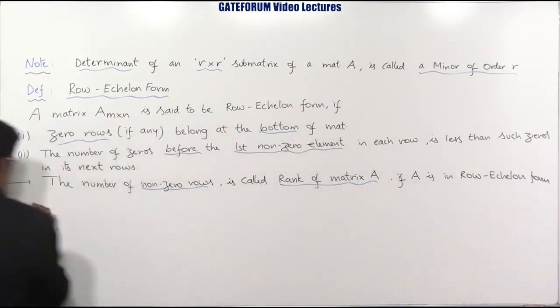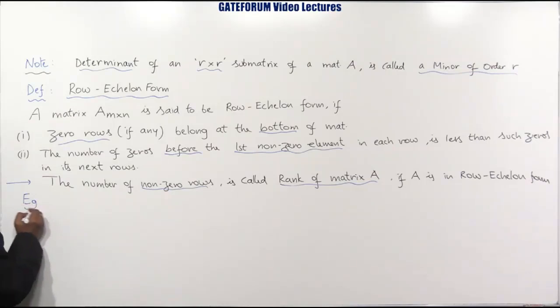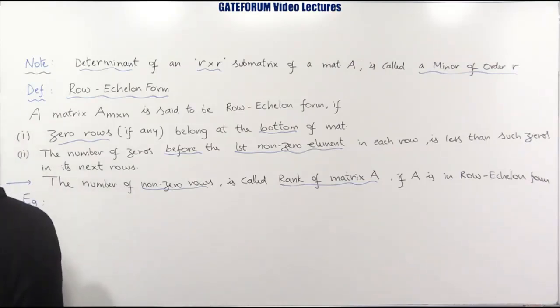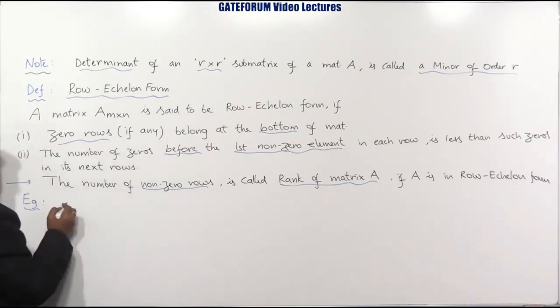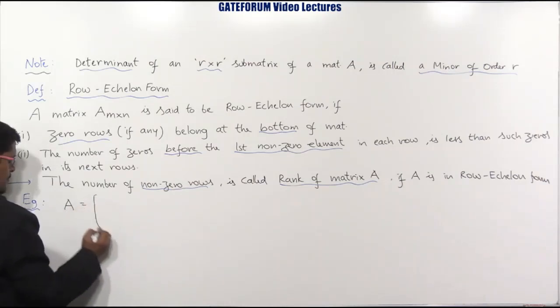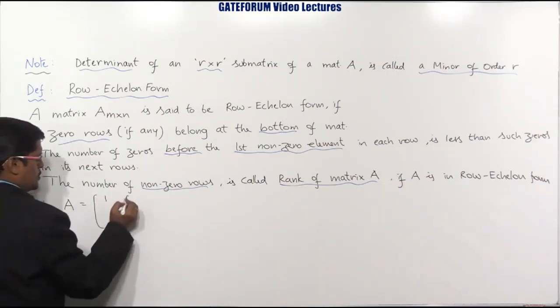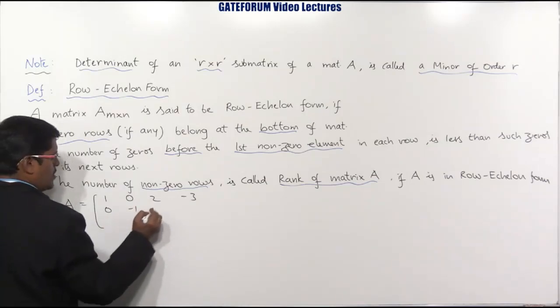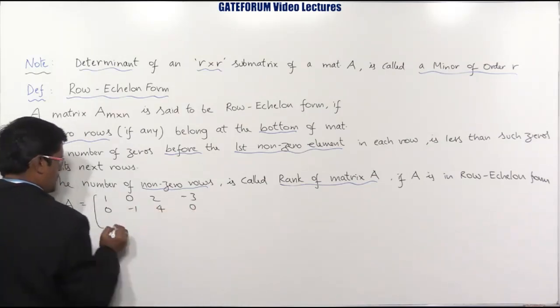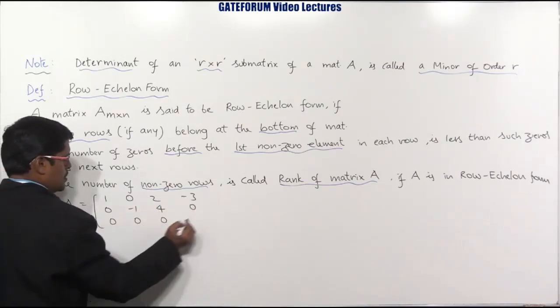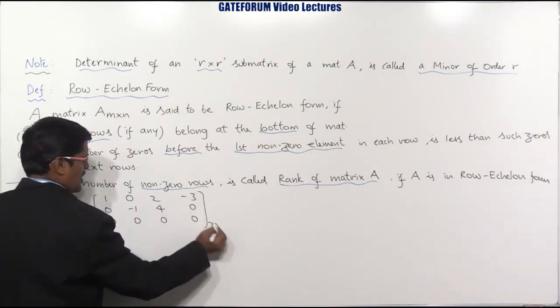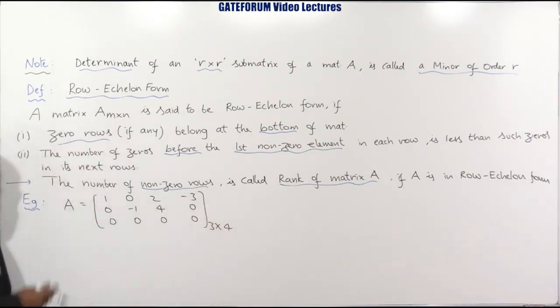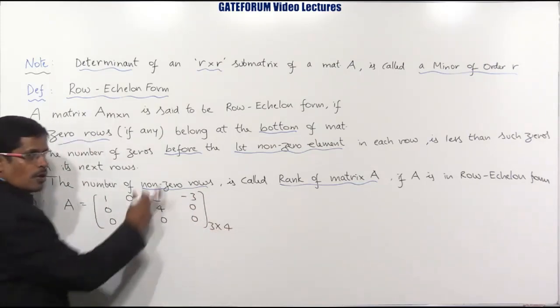See, simple example. A is equal to 1, 0, 2, minus 3; 0, minus 1, 4, 0; 0, 0, 0, 0. I consider a 3 cross 4 matrix, 3 rows, 4 columns.